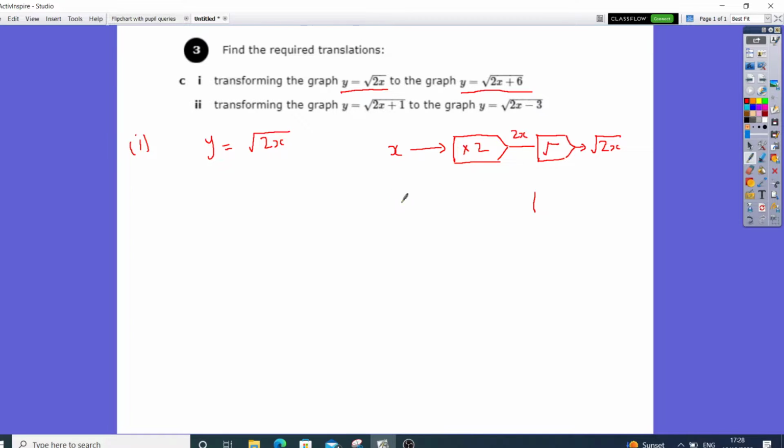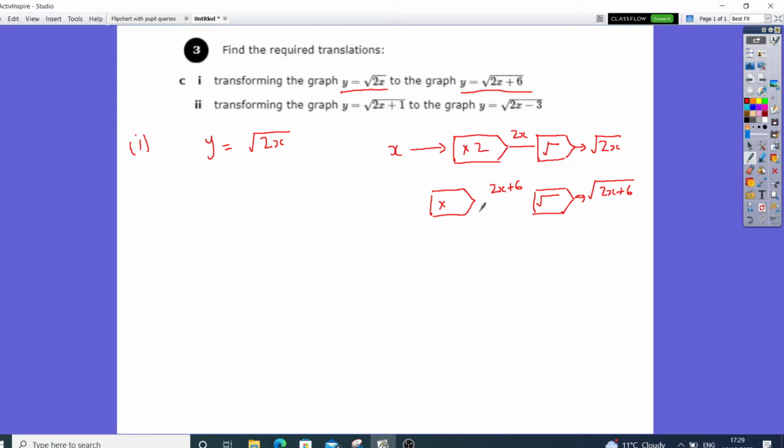Now we want to know what we have put into this machine. Similar process: what do you put into this machine, which is going to be times by 2. What you want to get out now is 2x plus 6, which will then be rooted and comes out as root 2x plus 6.